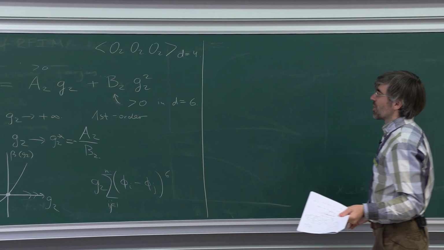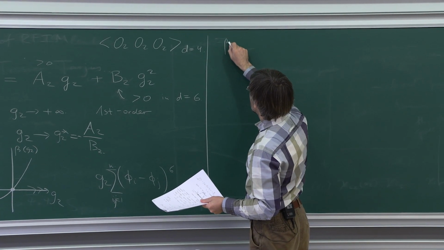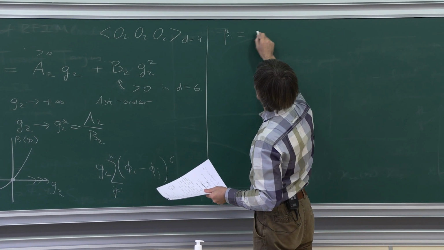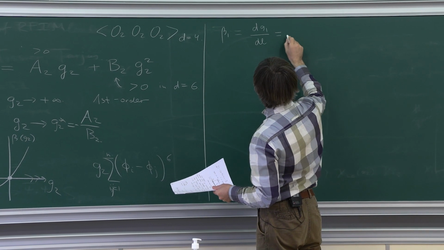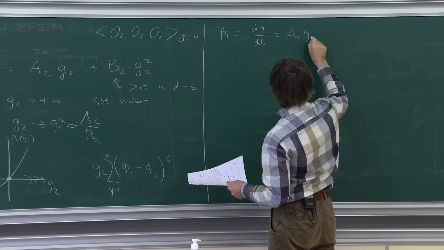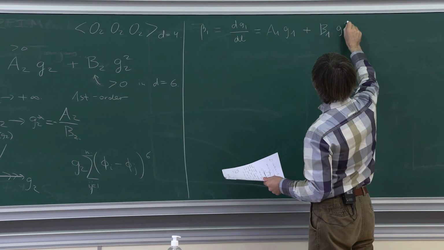So now let us look at G1. For G1, in principle, we do the same thing. So again, we write the beta function for G1. We have again A1 G1 plus B1 G1 squared.